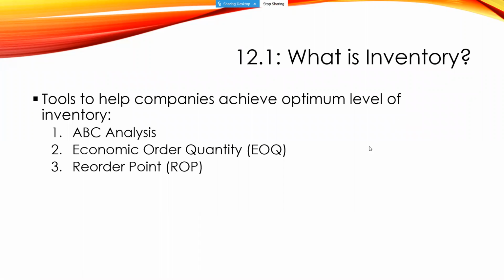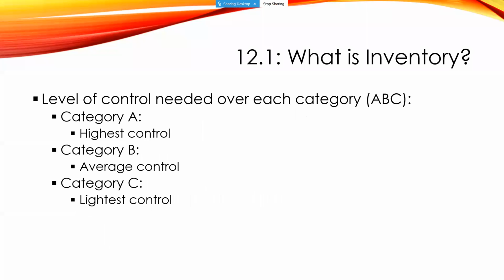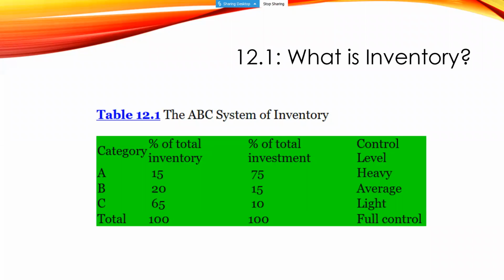Okay, so the rest of 12.1 here talks about what's called the ABC analysis, which is just a classification system. And basically your goods are separated. If you look at the top of 245, you see this table here.